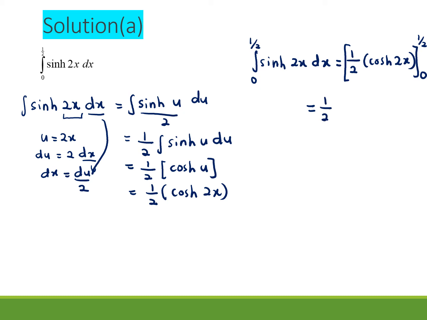We get 1 over 2 cosh of 2 times half, minus 1 over 2 cosh of 2 times 0.